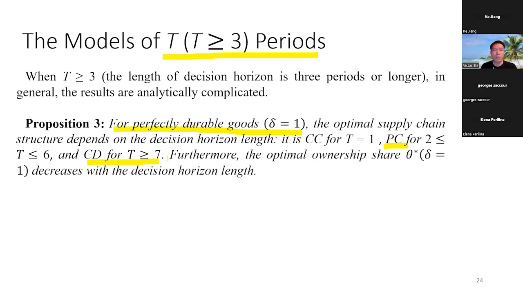So if the decision horizon length is long enough, CD is better, because in that case, the biggest concern, or maybe the only concern, is to solve the time inconsistent problem. If the decision horizon length is not that long, 6 or less, then PC can be better. And we also show that the optimal ownership share will decrease with the decision horizon length.